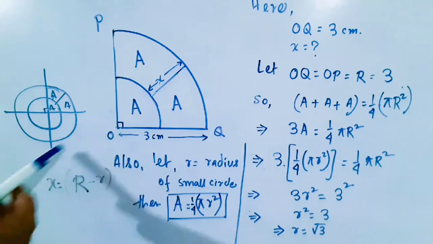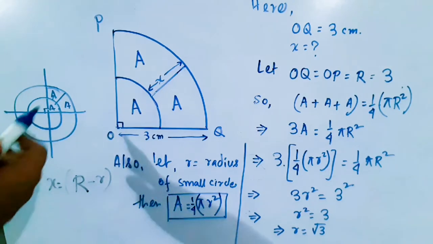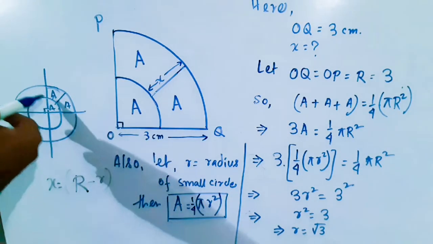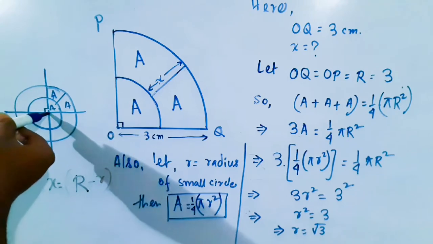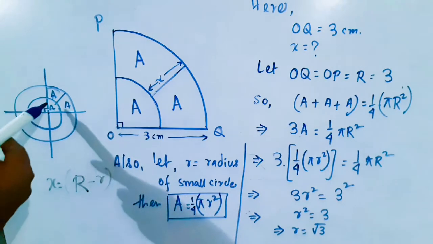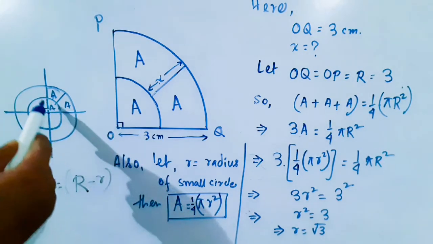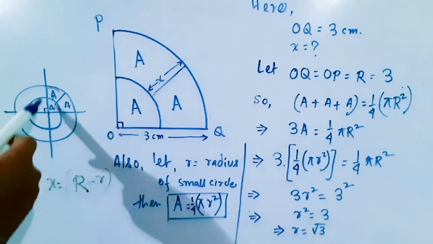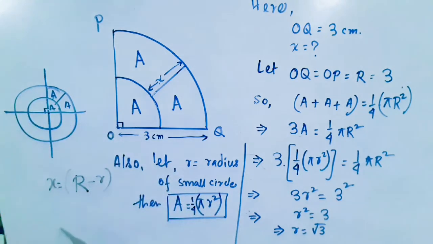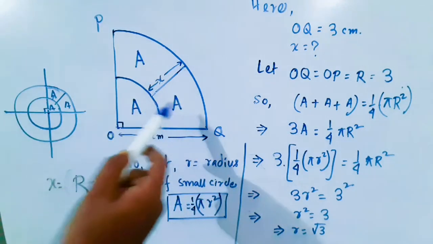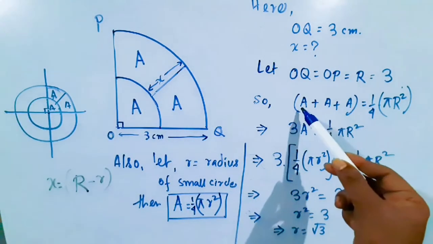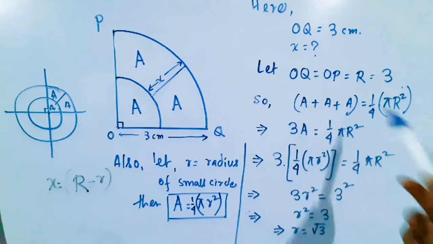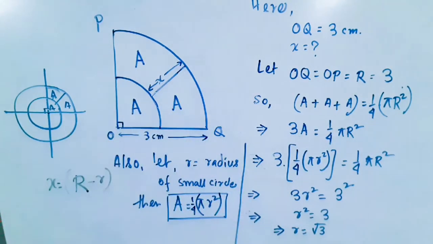Here is the sample. If this is bigger circle, this is smaller circle, and if they are concentric, so this part is 1/4 of the smaller circle, and this part is 1/4 of bigger circle. So 3a, if we plus 3a plus a plus a, 3a is equal to 1/4 of bigger circle.